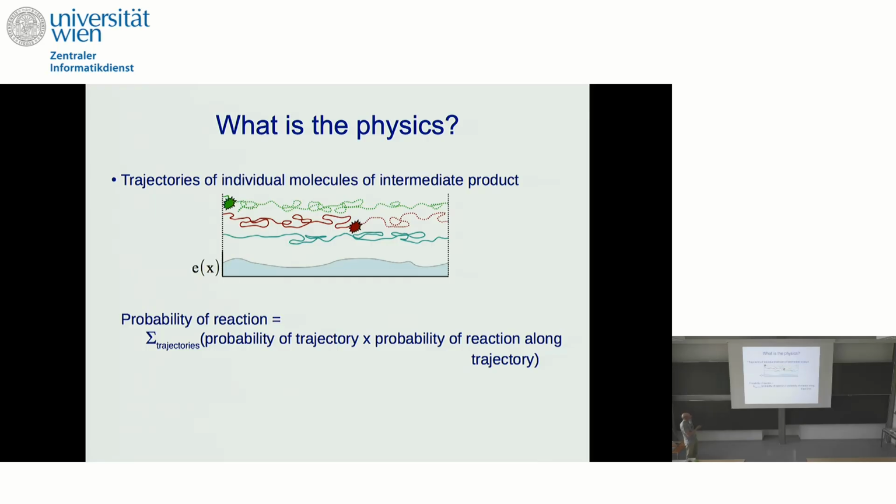You generate all possible trajectories, and along each trajectory the intermediate particle can be killed by a reaction, basically. So the entire probability of a reaction happening, or the flux, would be the sum over all possible trajectories of the probability for a trajectory times the probability of a reaction along a trajectory. The probability of the reaction along a trajectory depends on the enzyme arrangement, whereas the trajectories themselves are completely independent of the enzyme arrangements.